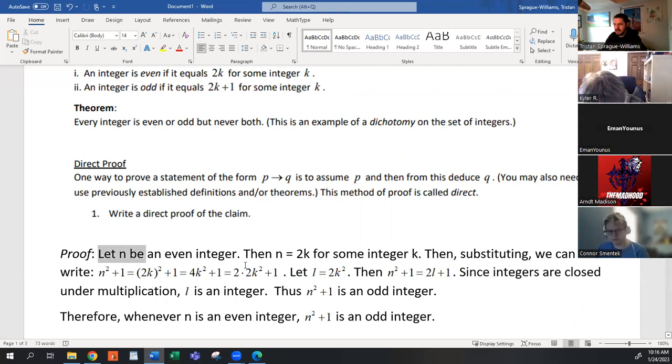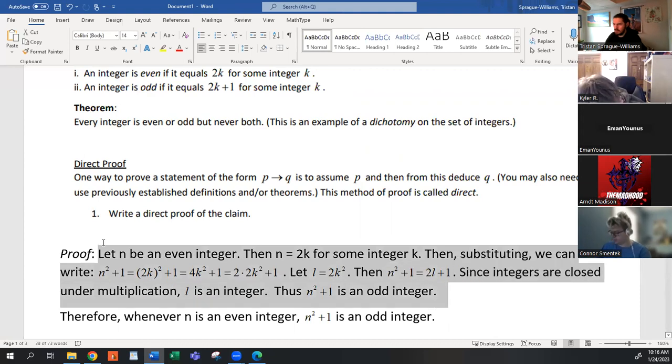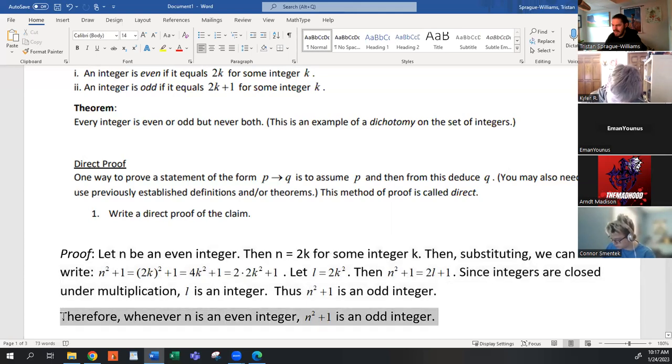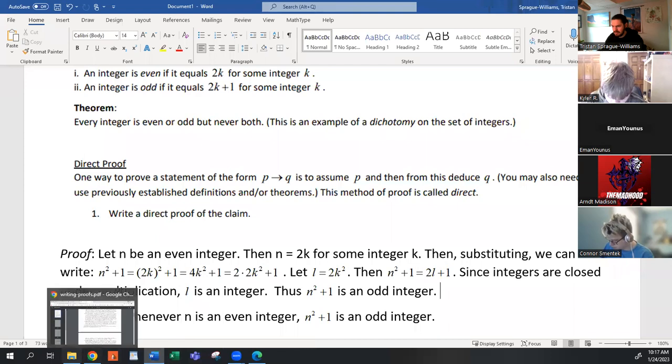You could read and interpret this paragraph as being about some particular but arbitrary even integer n, and then read this as like a universal generalization of that. Okay, this is basically using one of the rules of inference we learned.